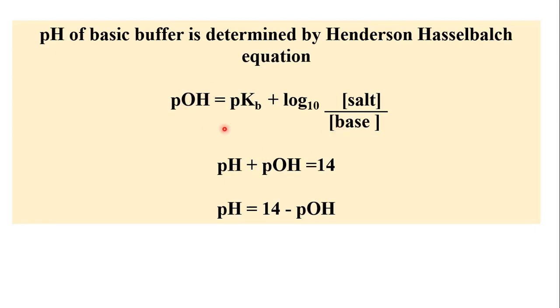Once you calculate the pOH, you can calculate pH of the solution using the equation pH plus pOH is equal to 14, that you know, and therefore pH is equal to 14 minus pOH. So using this equation we can calculate pH of basic buffer also.